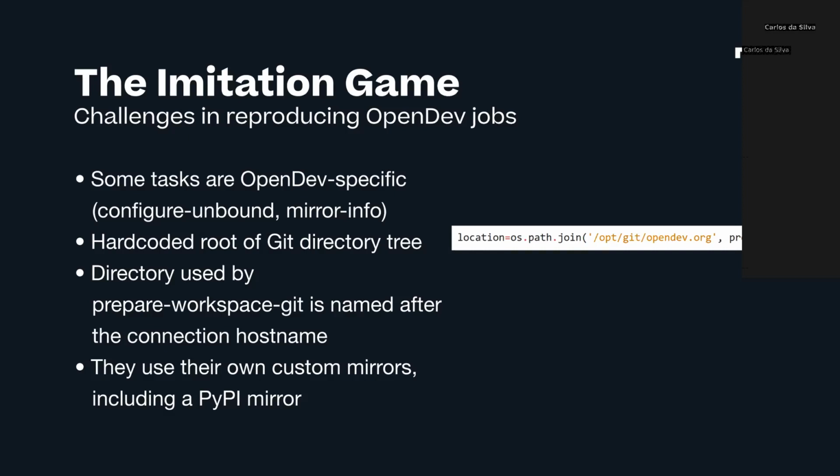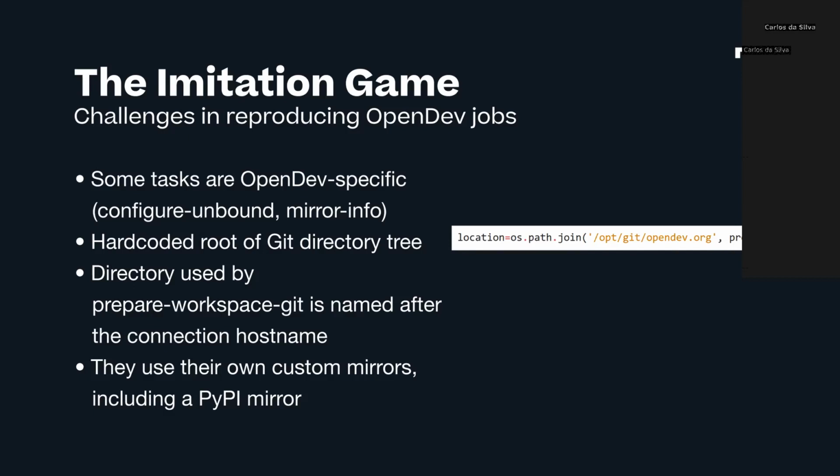But it saves all these repositories in a folder, and by default, this folder has the opendev.org string in its path. This is a problem because Zuul, in order to find these Git repositories later to deploy DevStack, will look for a folder based on the Gerrit connection host name.